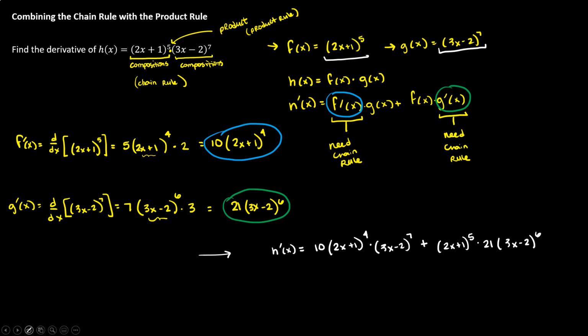I see some common factors. For example, the 2x plus 1. I see my first term has 4 of those factors. My second term has 5 of them. I can pull out as many as they have in common. They both have 4, at least, in common, so I can factor off that 4.